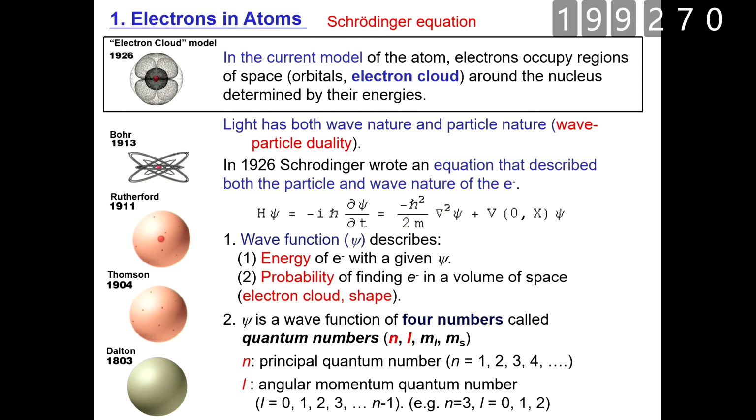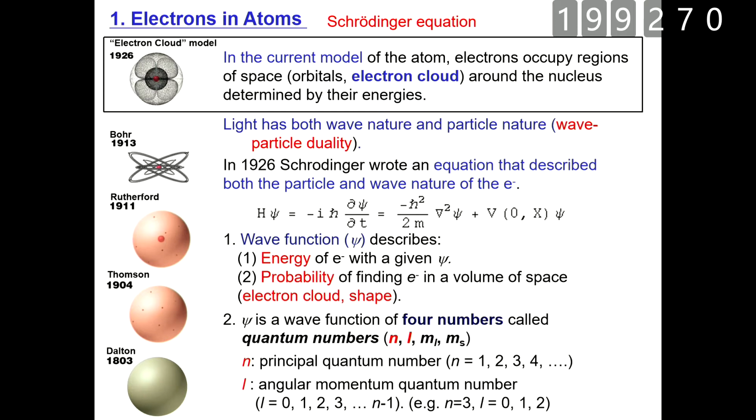In physics, we know light has both wave nature and particle nature. Do you know what the wave nature and the particle nature are? Do you have any idea about the nature of light?